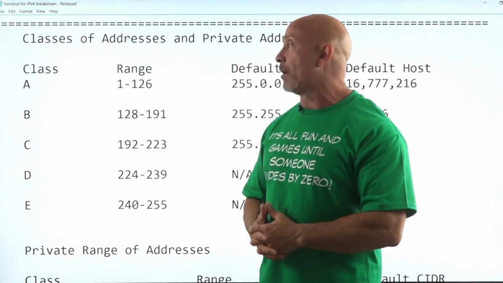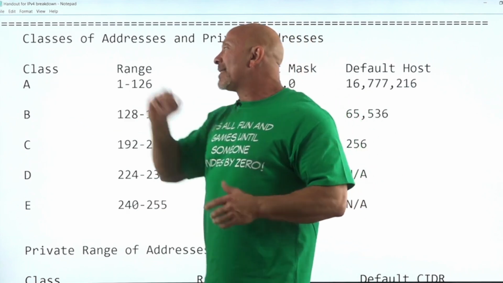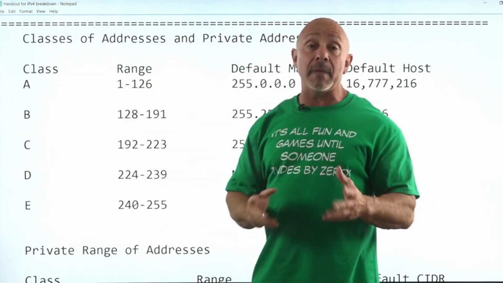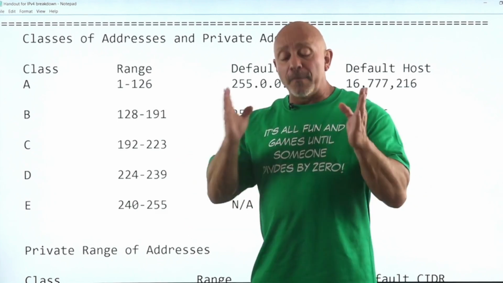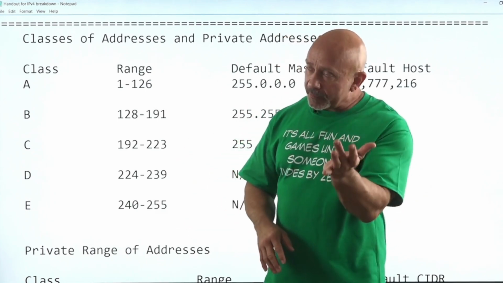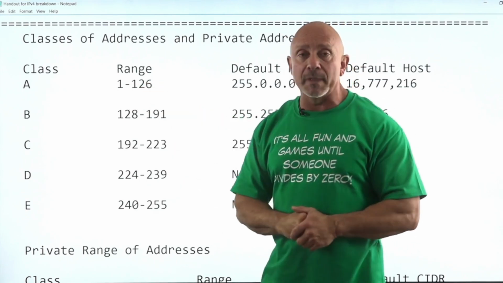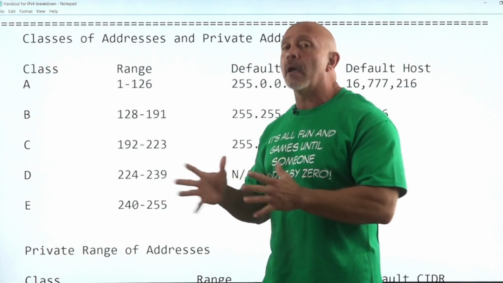If you're in a class A, the range will be from 1 through 126. If you see in an IP address, in the first octet, which is all the way to the left, a number between 1 through 126, then that is a class A address.